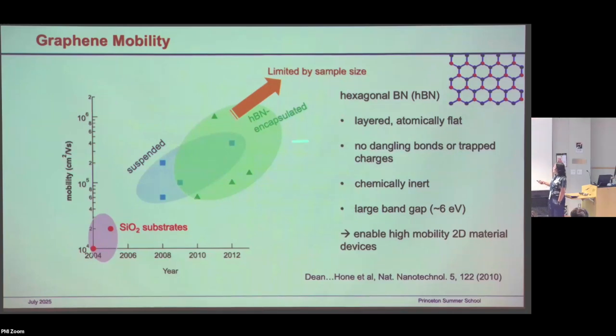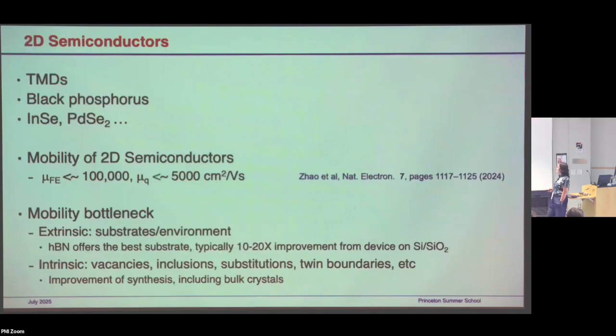For mobility this high, people start quoting the mean free path, and you see reports of 30 microns, 100 microns. So every time you have a new fabrication technique, you have orders of magnitude improvement in mobility. Okay, so that's graphene.